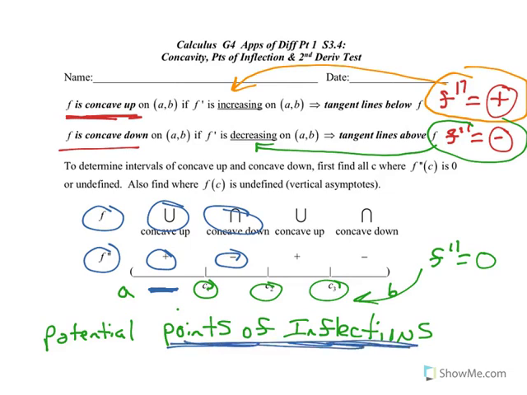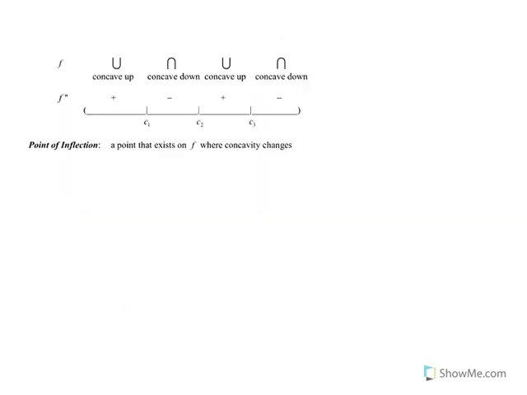So all these are points of inflection because the curvature changes, but if, for example, it was positive on this one, and then positive again, then it would be concave up. This C sub 3 would not be considered a point of inflection because that was not a change in curvature. And again, there's the part in your notes where they talk about a point of inflection being a change in curvature.